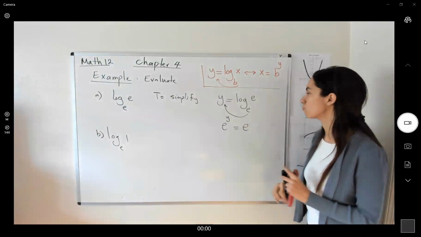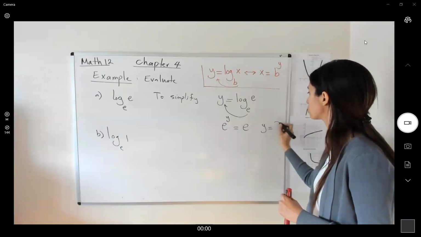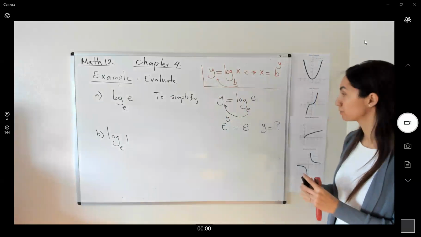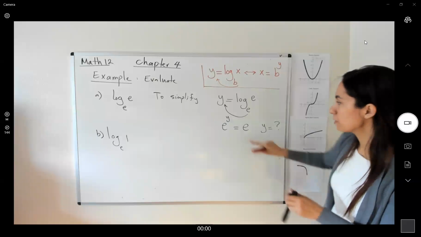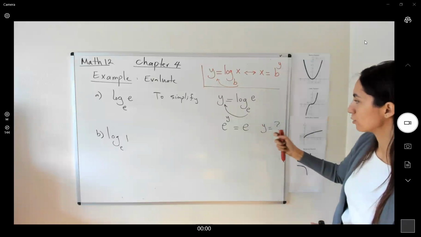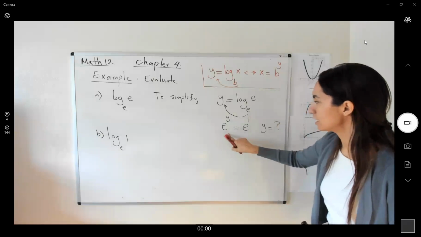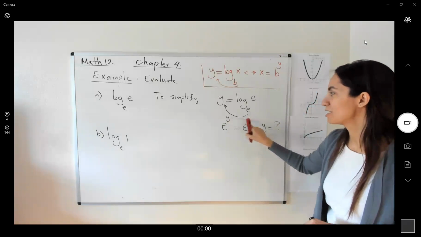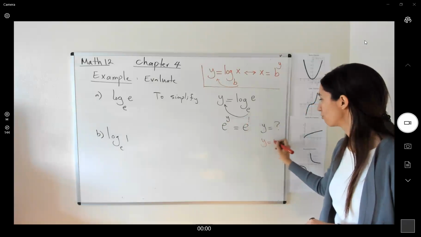Okay, what is y? Our goal is to simplify this. The invisible exponent is equal to 1. e to the y is equal to e to the 1. So exponents must be equal to each other. y is equal to 1.